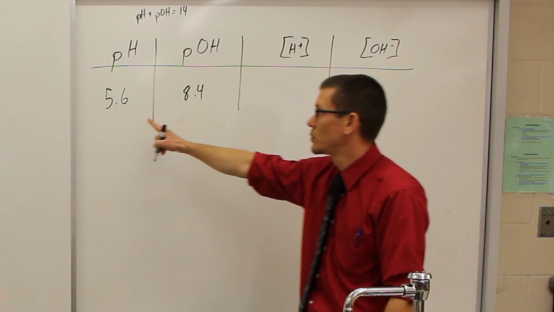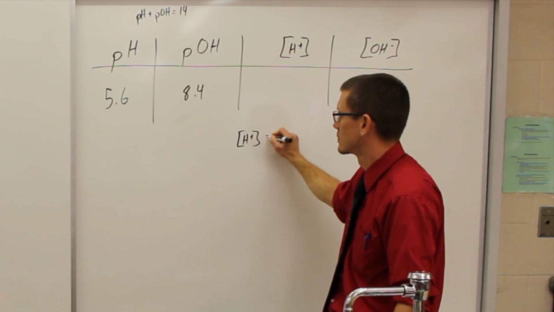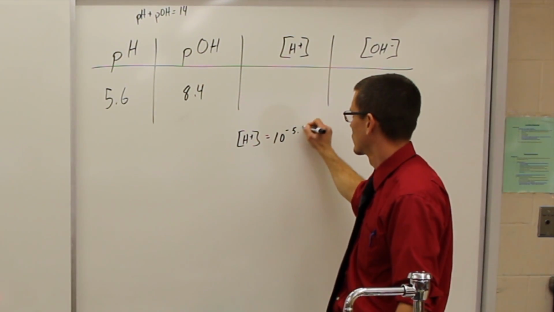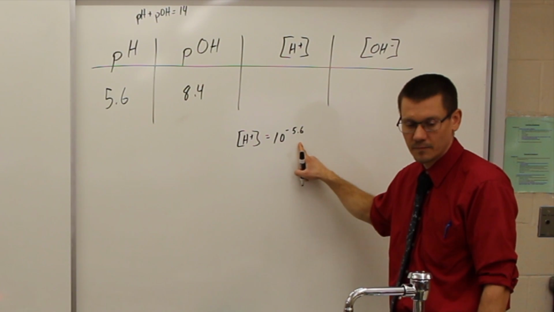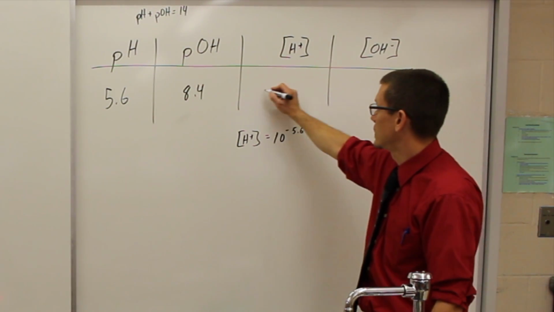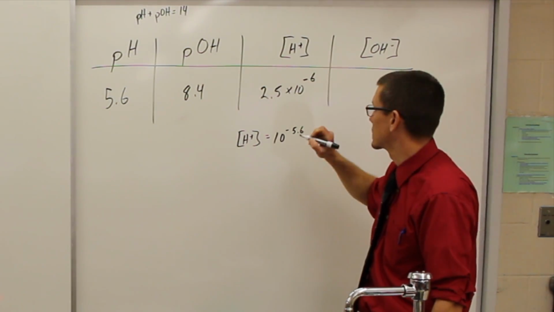So if we take our P function, concentration is 10 to the negative pH. If you type that out, you get 2.5 times 10 to the negative 6th molarity.